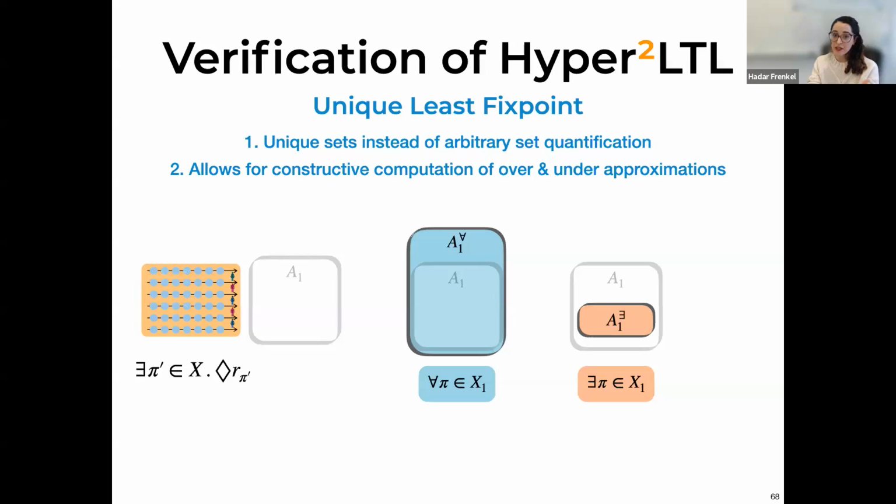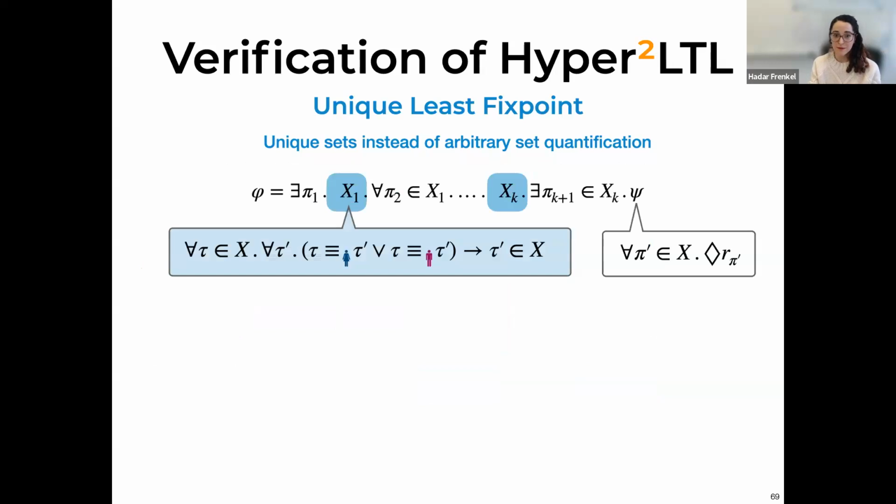But I do want to generalize this not only for one set, but for general formulas, general hypersquare formulas. So here we have a general formula. It could be very long, but what you see here is first order quantification over traces. So there exists some trace, and for every trace in X1 and so on.